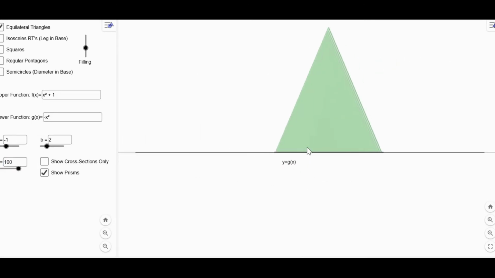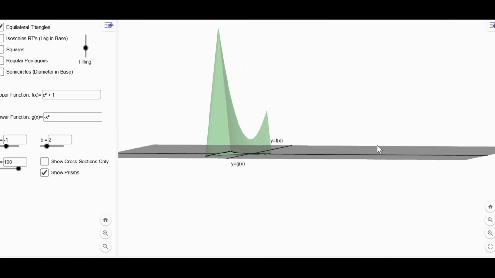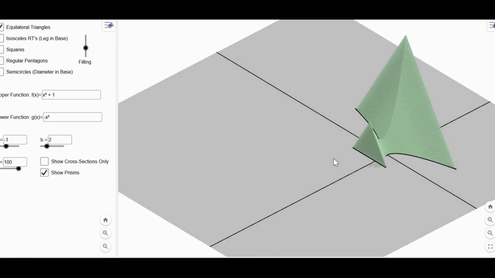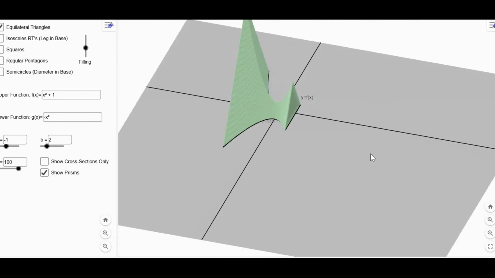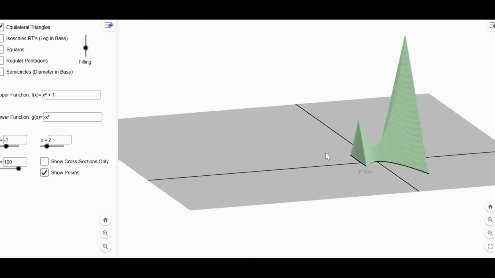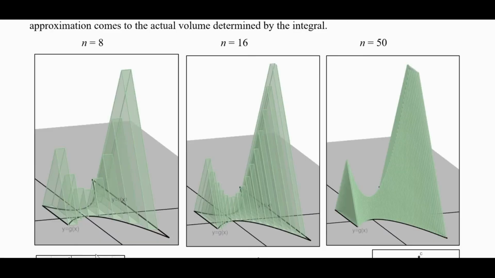It's starting to look pretty much like the actual shape now with that many. So that's the volume that we're looking for, something that looks kind of like that. Okay, so with that in mind, let's go back here.